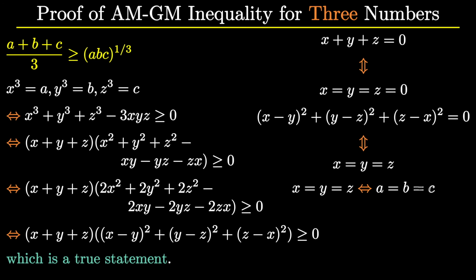That is the thing which we wanted to show. In this way, we have proved the AM GM inequality for 3 numbers as well. Thus, we have proved the AM GM inequality for 2 numbers and for 3 numbers. And as we noted, a general proof is attached in the description.